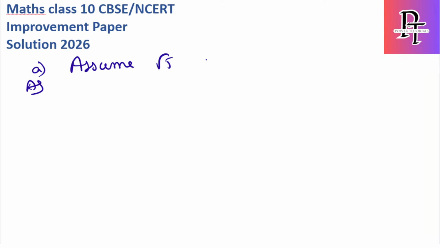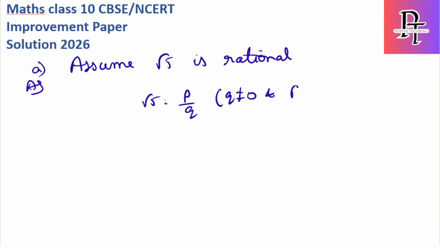root 5 is rational. If it is rational, I can write root 5 as p by q, where q is not equal to 0 and p, q are coprimes. Coprimes means not having any common factor.